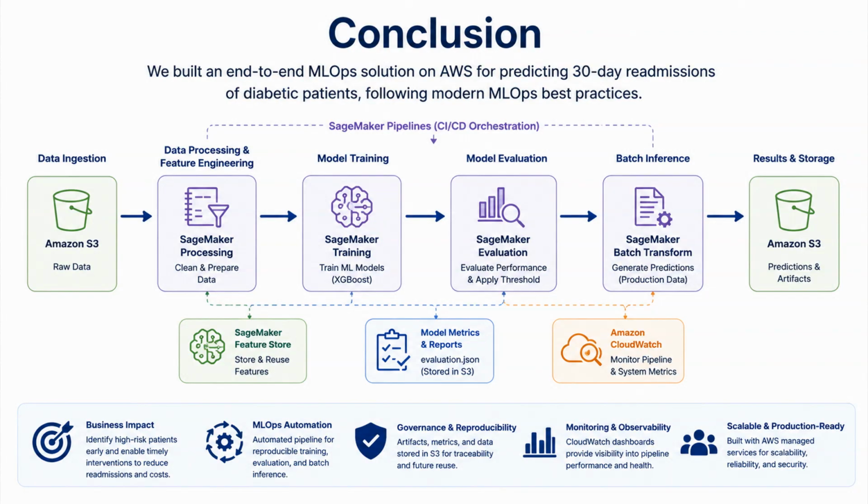To conclude, we built an end-to-end machine learning operations workflow for predicting diabetic patients' readmission, and we used AWS SageMaker. The project includes data engineering, feature management, automated training and evaluation, CI/CD automation, batch inference, and monitoring.